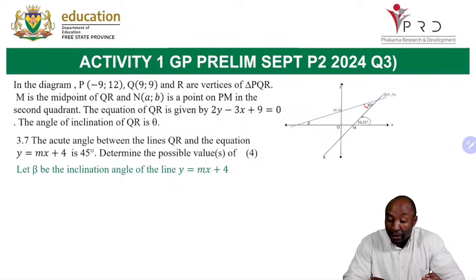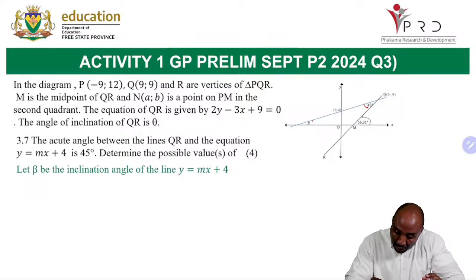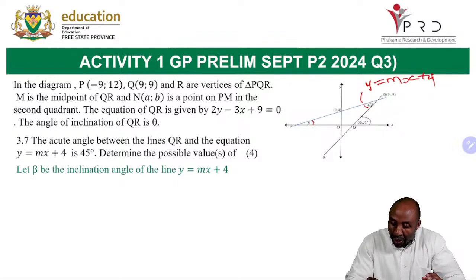And in the process, you are forming a triangle. If you look at that triangle, the angle of inclination of our line y is equal to mx plus 4 is beta. We are able to use beta plus 45 degrees, which must give us the exterior angle, which is 56,31.